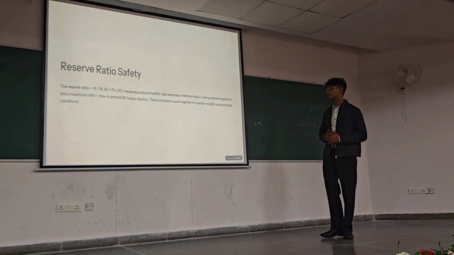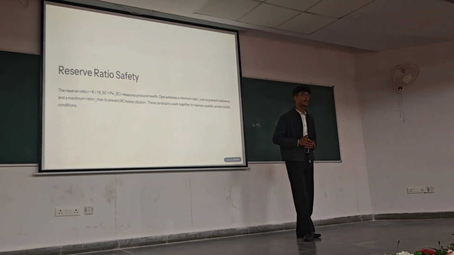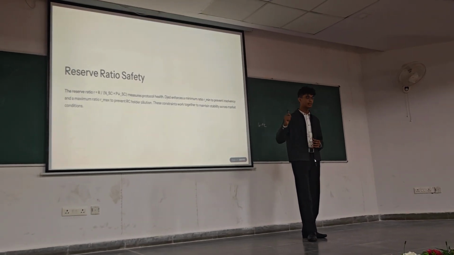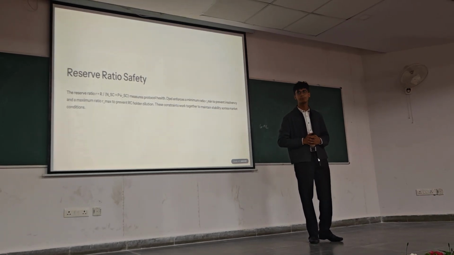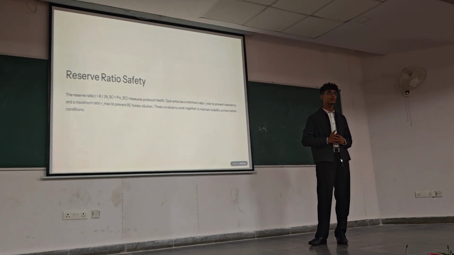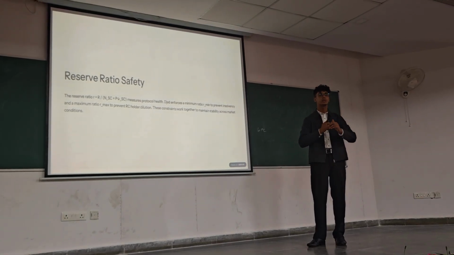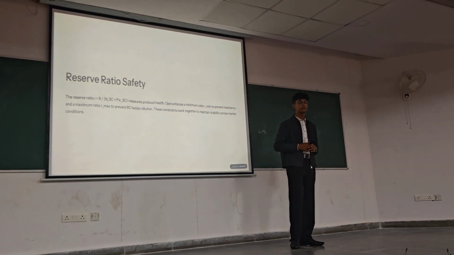Next is the reserve ratio safety. This was an important parameter that we had set in Djed and Djed Shu both. I'll discuss further in the future implementation section what we are trying to do here. But currently the reserve ratio safety states that if the reserve ratio falls below a minimum threshold, then we don't want to allow buy and sell operations. And the same goes for the maximum threshold.